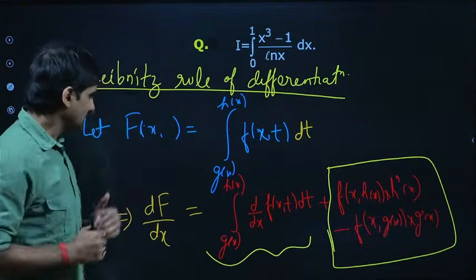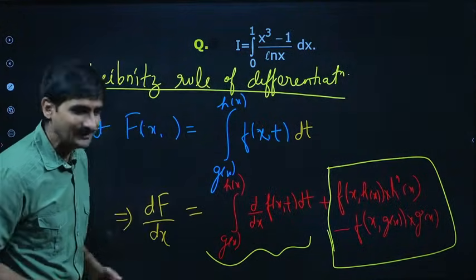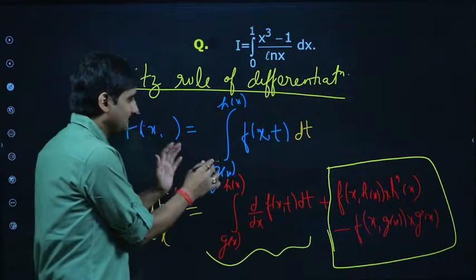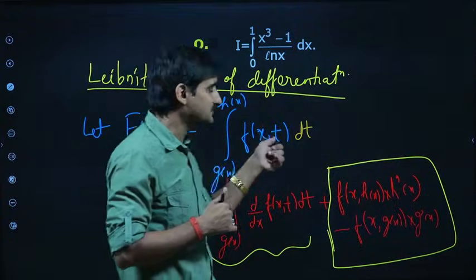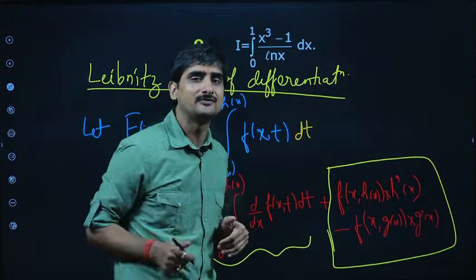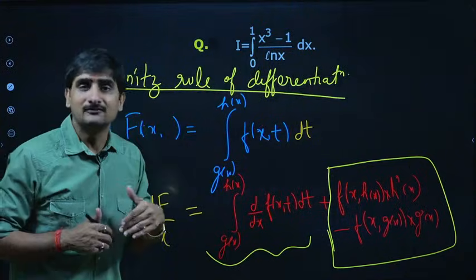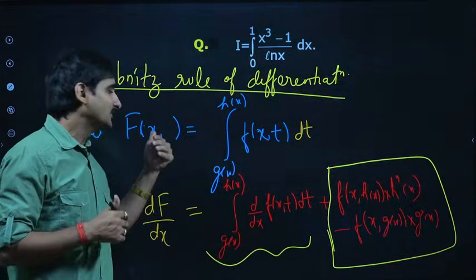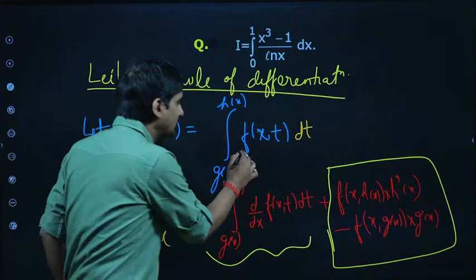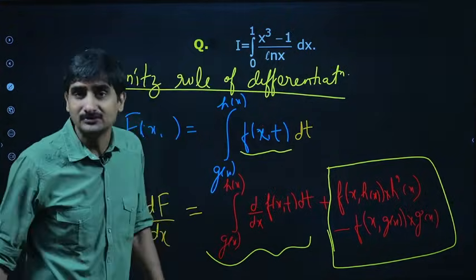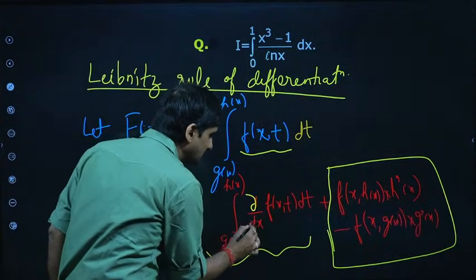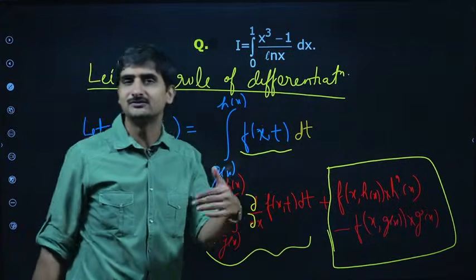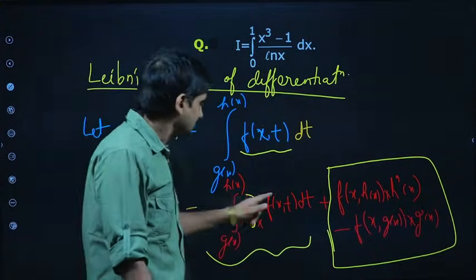So if you want me to repeat, I will repeat. The integrand is a function of x also and a function of t also, where t is the variable of integral, and t goes from g of x to h of x. I have to differentiate it with respect to x. Then take the partial derivative of the integrand with respect to x, and if you wish, you can use the del notation, which is the notation for partial derivative, keeping t constant.